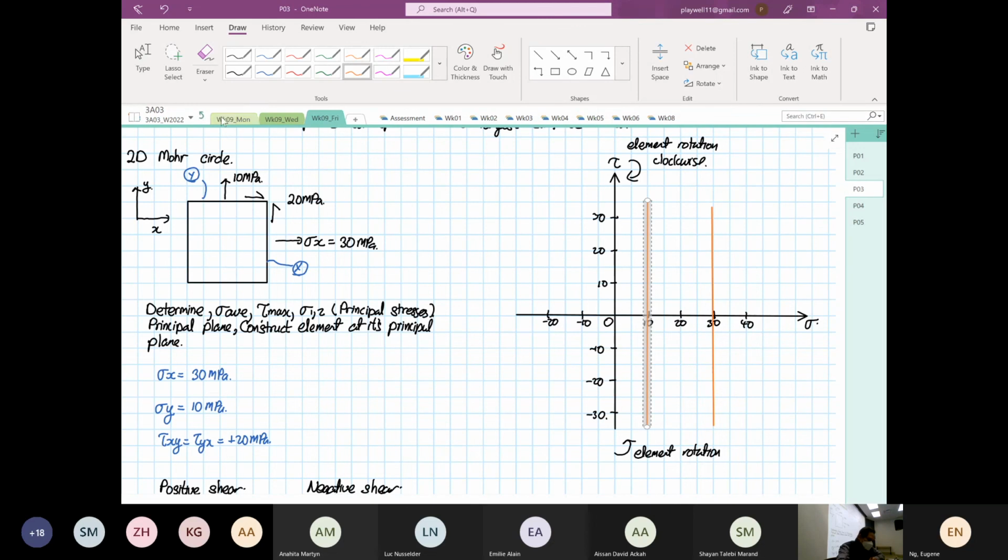I understand that it's a 20 positive shear, but for the shear, you have to construct both the 20 at the top and the 20 at the bottom. So this is our stress X line. This is our stress Y line. This is our shear XY line.